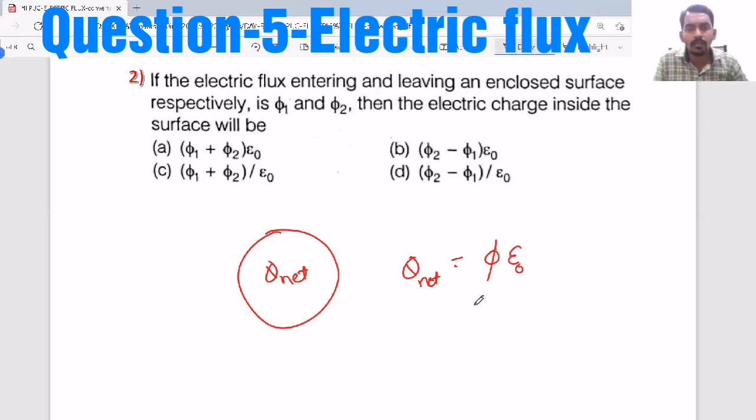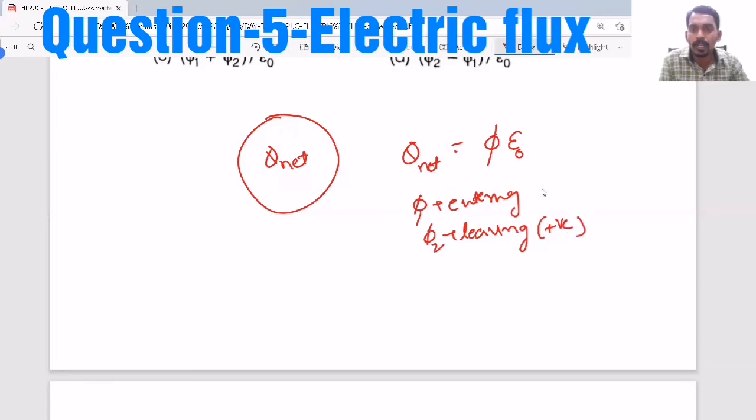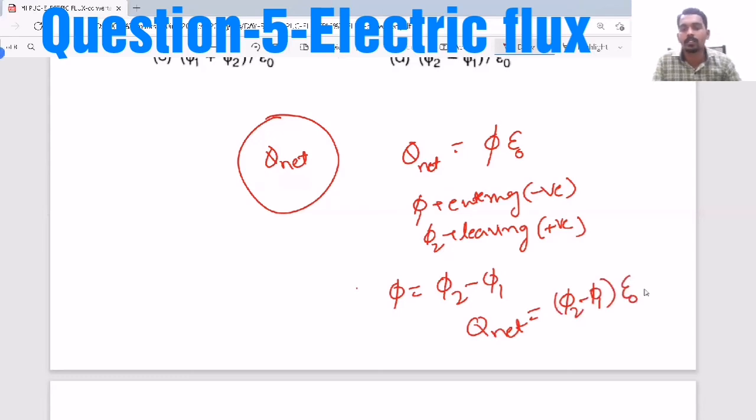Here, entering is phi 1 and leaving is phi 2. Leaving means due to positive charge, entering means due to negative charge. So the net flux will become positive minus negative, phi 2 minus phi 1. So the net charge will become phi 2 minus phi 1 times epsilon naught.